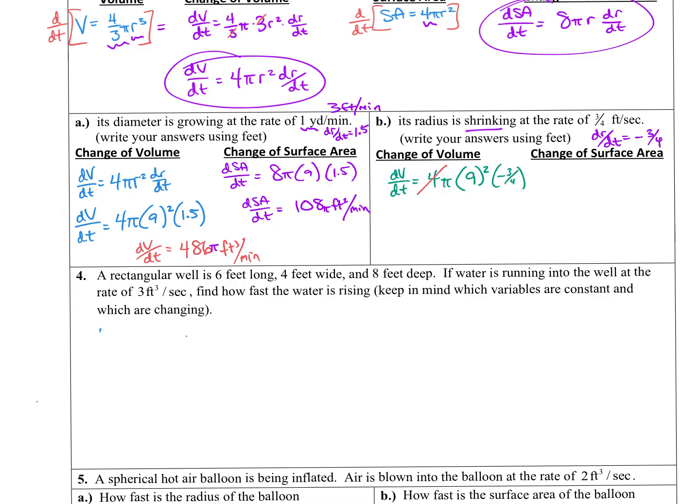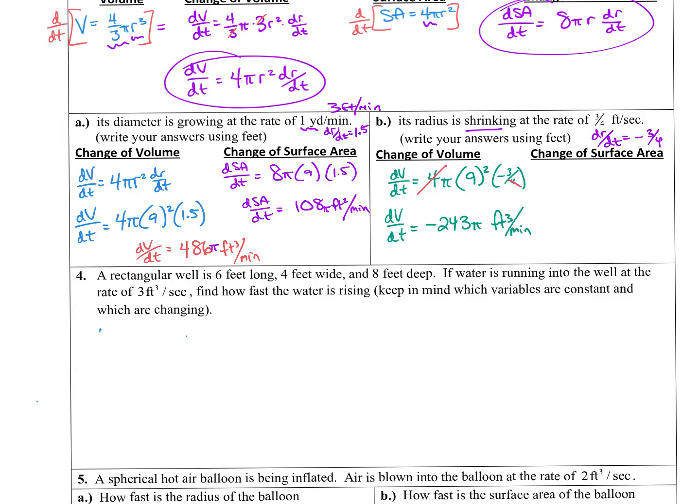The 4 on top and the 4 on bottom cancel out. That's nice. So dV/dt is going to be 81 times negative 3 pi. 243. Negative 243 pi. And the units should be cubic feet per minute. So now that this is negative, I know that the volume is decreasing at that rate.